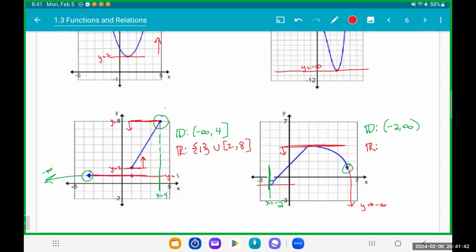It has to be less than y equal to 4. So my range can go from -infinity, right? It can be any lower number as far down here as we want to go, but it can only be as high as +4. It can include 4, so we put that bracket on.